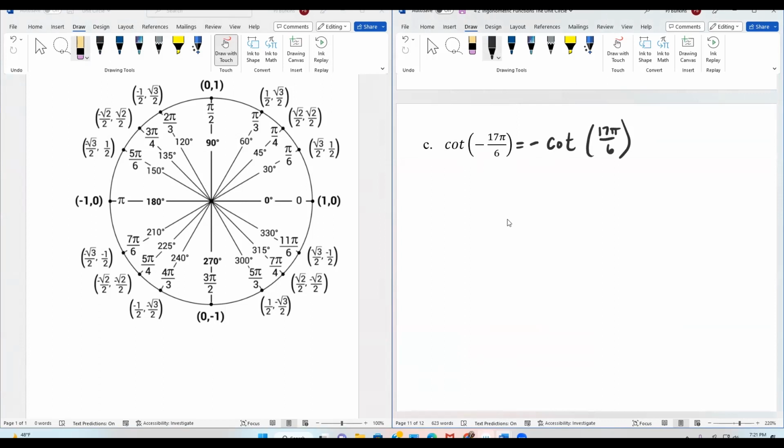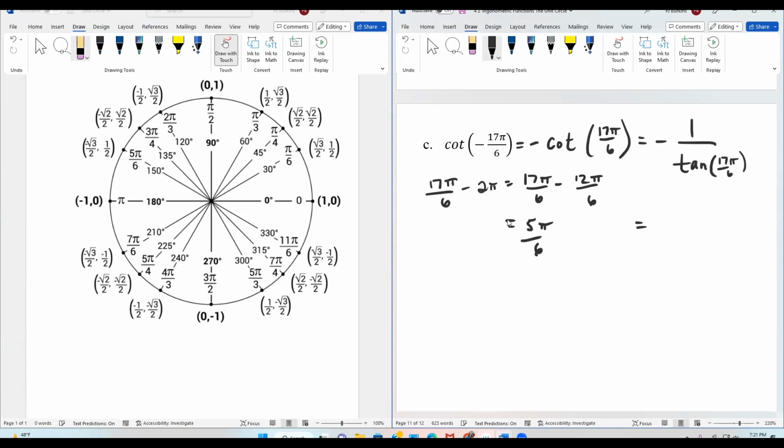So we can do 17 pi over 6 minus 2 pi, which is 17 pi over 6 minus 12 pi over 6, or 5 pi over 6. So this expression right here is equivalent to negative 1 over the tangent of 17 pi over 6, or negative 1 over the tangent of 5 pi over 6.